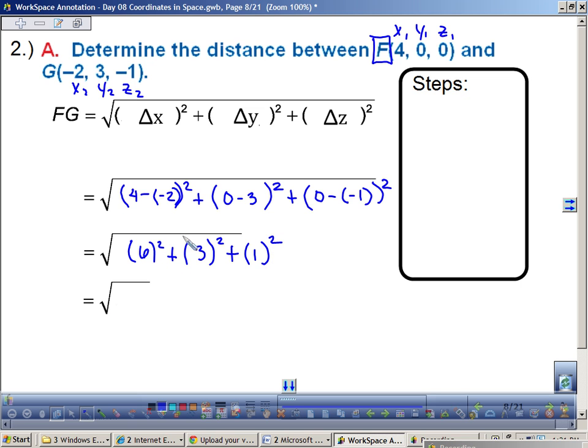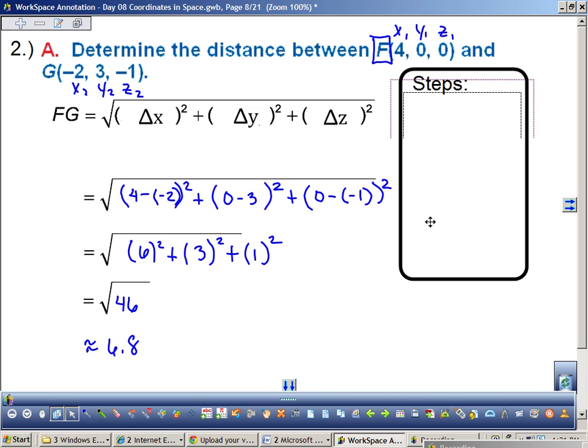So we've got 36 plus 9 plus 1. So 36 plus 10 is 46, which is about how much? 6.8. That's probably a pretty good 6.8. I think actually, and 6.8. That's what I have. Good job.